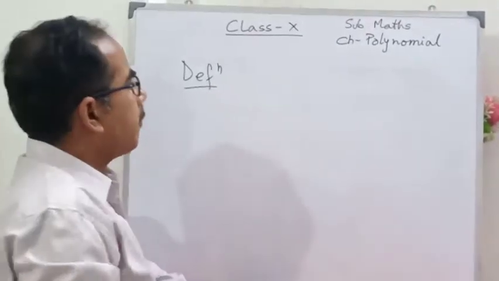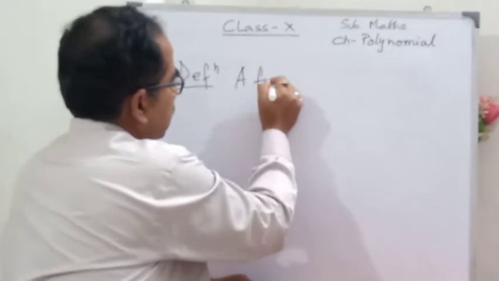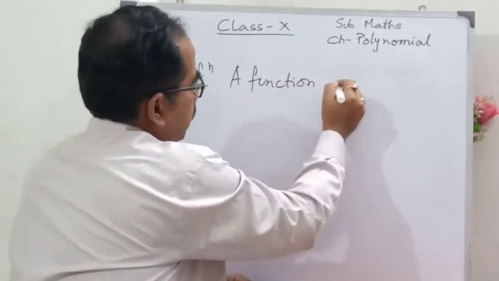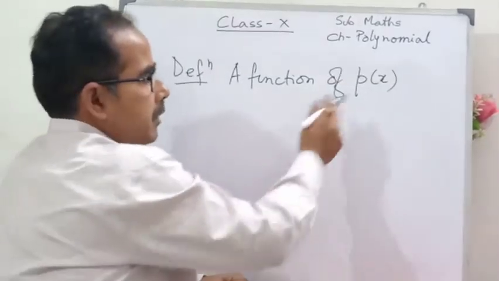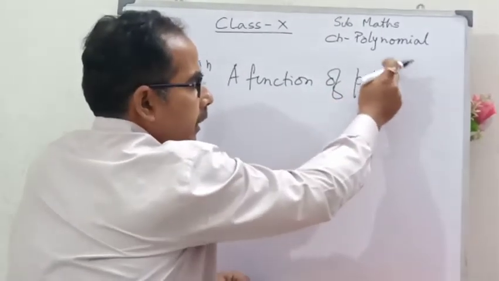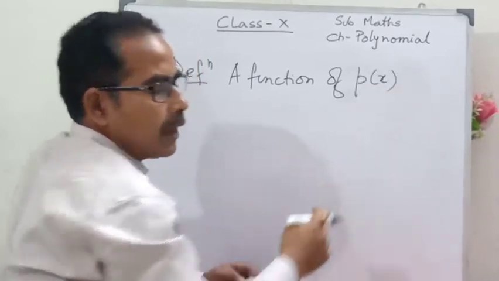Let us write. A polynomial means a function, suppose p of x. P means polynomial, and the variable here I am using, better to say, is x.